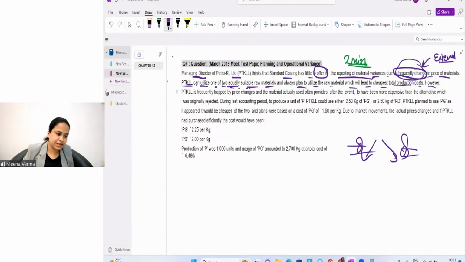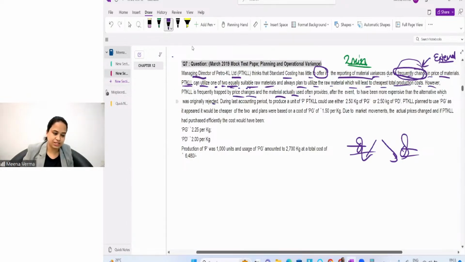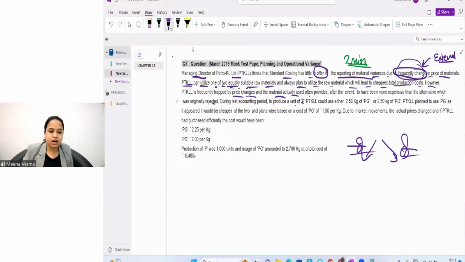However, PTKLL is frequently trapped by price changes, and the material actually used often proves after the event to have been more expensive than the alternative which was originally rejected. During the last accounting period, to produce a unit of PTKLL they could use either 2.5 kg of PG.